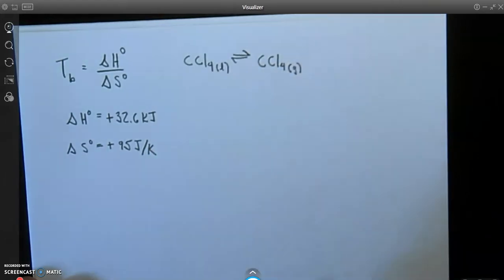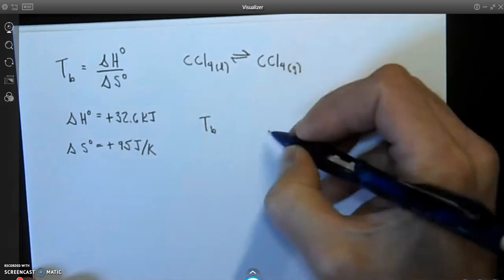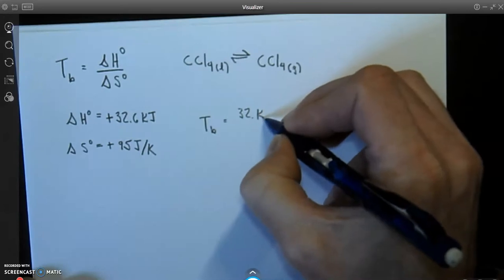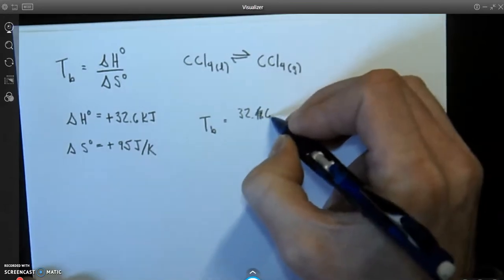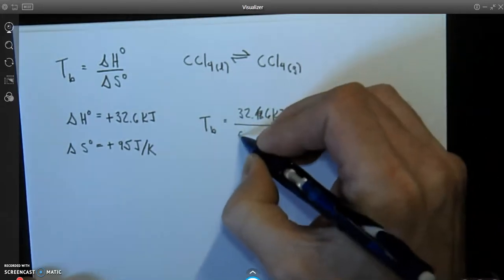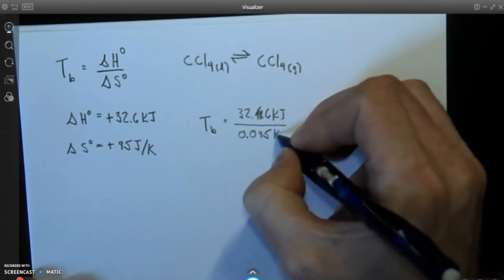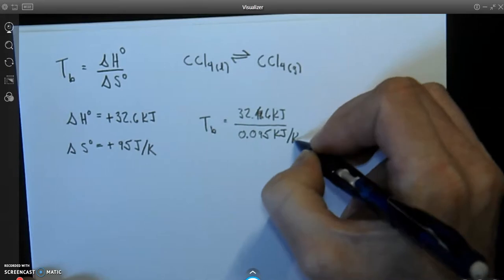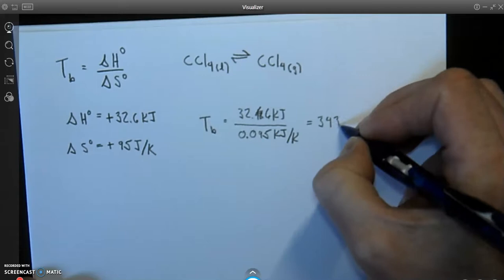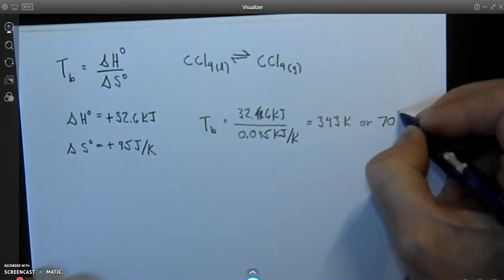And if we lump this into the formula we have over there on the side, you would get 32.6 kilojoules over 0.095 kilojoules, keeping the units the same, is equal to 343 Kelvins, or if you want to call it Celsius, right around 70 degrees Celsius.